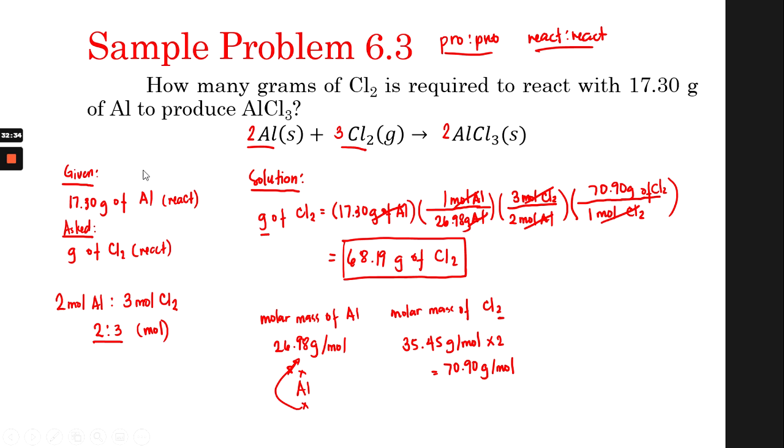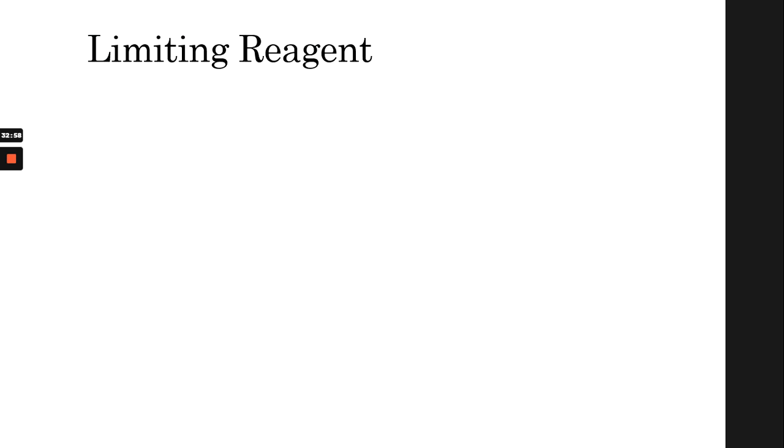So meaning in order for you to react all 17.30 grams of your aluminum, you need to add 68.19 grams of Cl2 so that all of those aluminum will combine with chlorine to create AlCl3, and you don't have any excess. So speaking of excess, let's go to our next topic, which is what we call the limiting reagent.